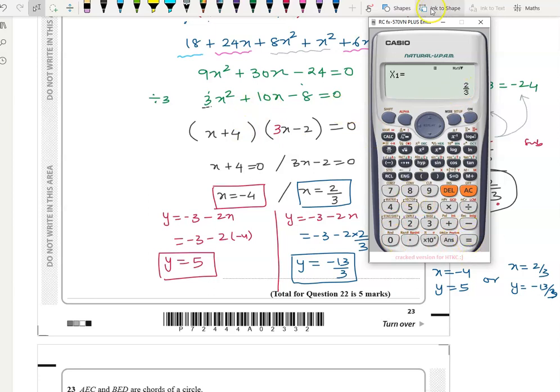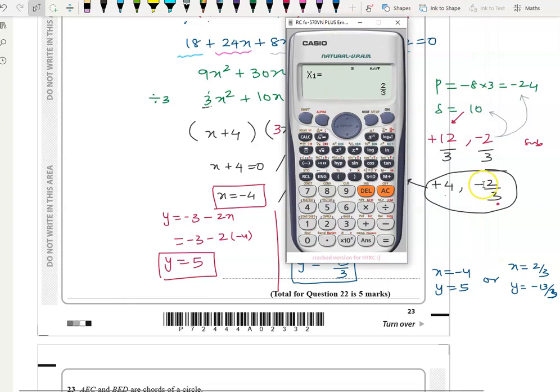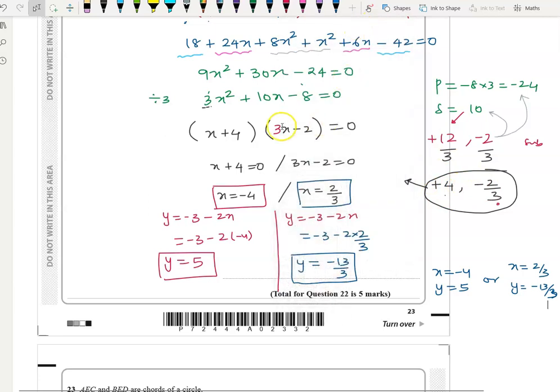So you will get a factor 2 upon 3, but when you want to write the factored form, you need to take the opposite sign. It is 2 by 3, so you should write here minus 2 by 3. The second factor is, here we have the solution minus 4, so write it as plus 4, and use the opposite sign to write your factored form and then continue.